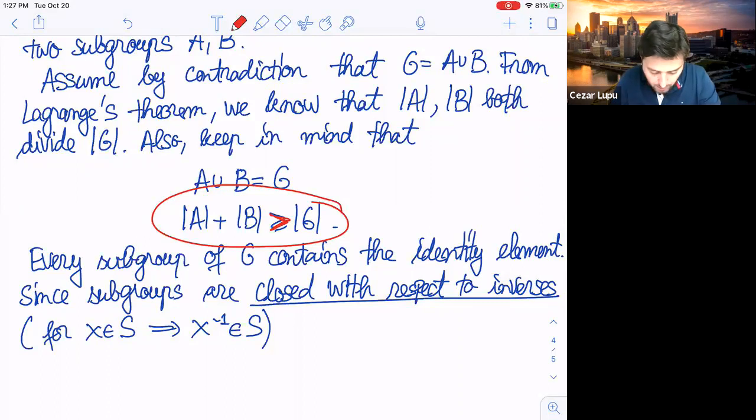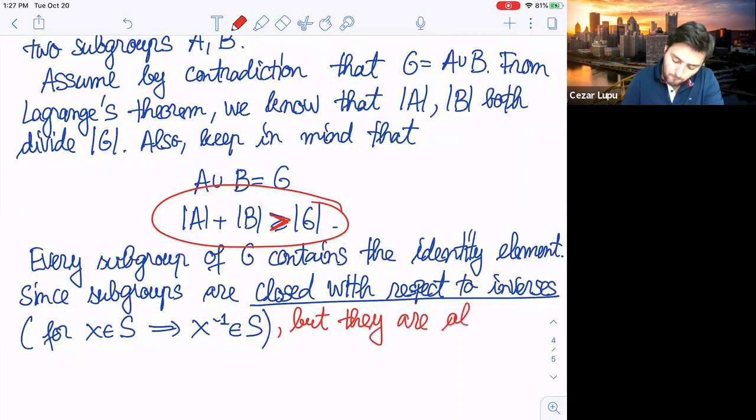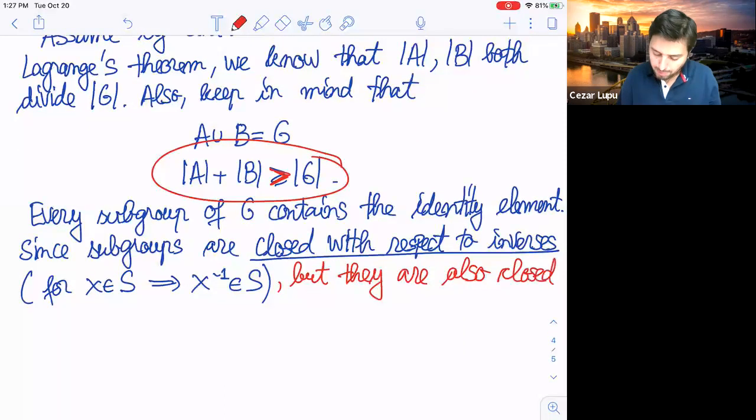So I should think of this. I know that the subgroups are closed with respect to inverses, right? But they are also closed with respect to multiplication.